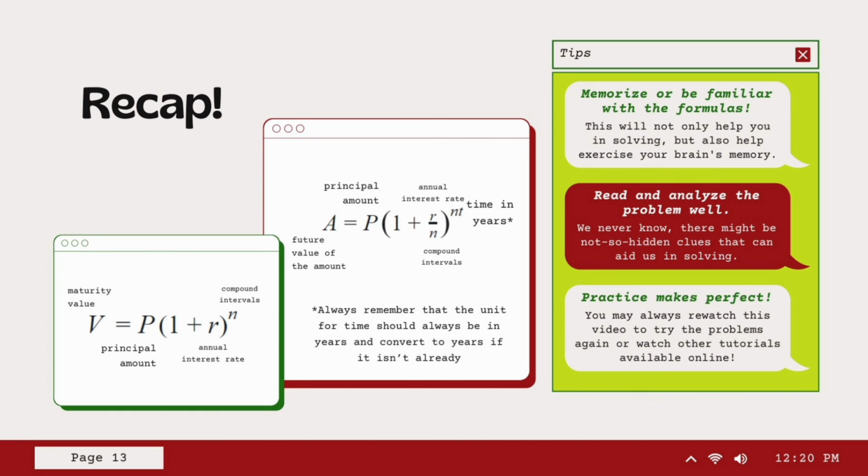We use the maturity value formula in problems that require the variables related to the maturity value and the basic compound interest for the same requirements but including time. Always remember that our unit of time should always be in years. If the given isn't already in years, we have to convert it to be able to perform the solution properly.